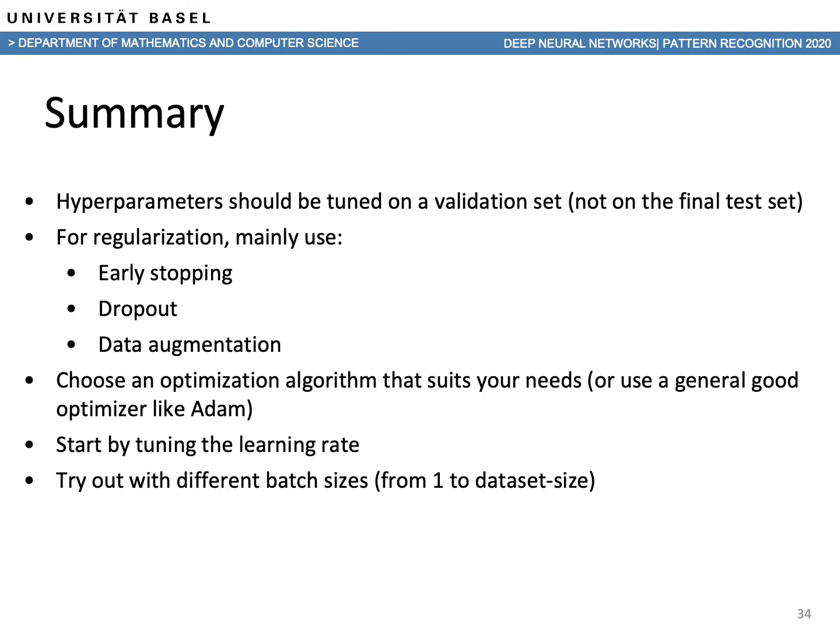Another thing is you should also try out different batch sizes when training a deep neural network, going all the way from 1 to essentially the dataset size, if you can keep all of that in memory. Quite often you find something in between where it's fast to train, it doesn't take too long for each epoch, and it can still stay in memory.